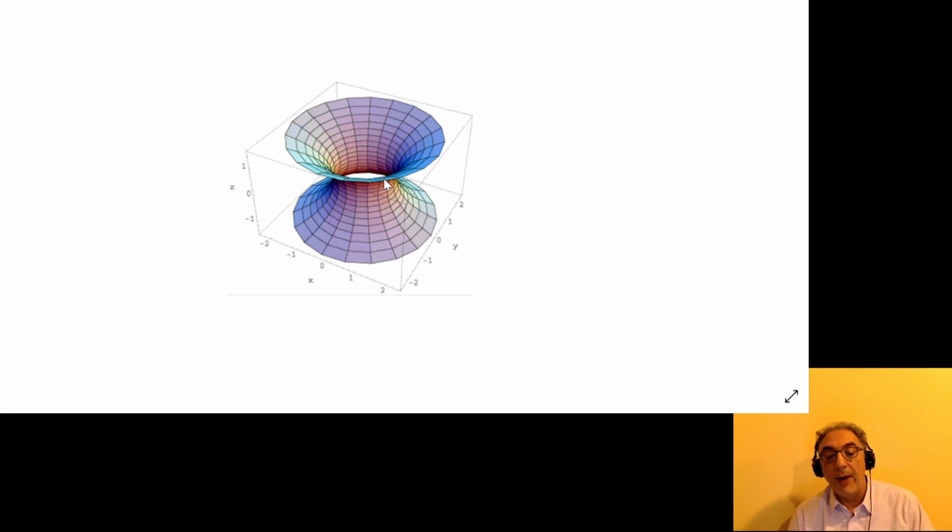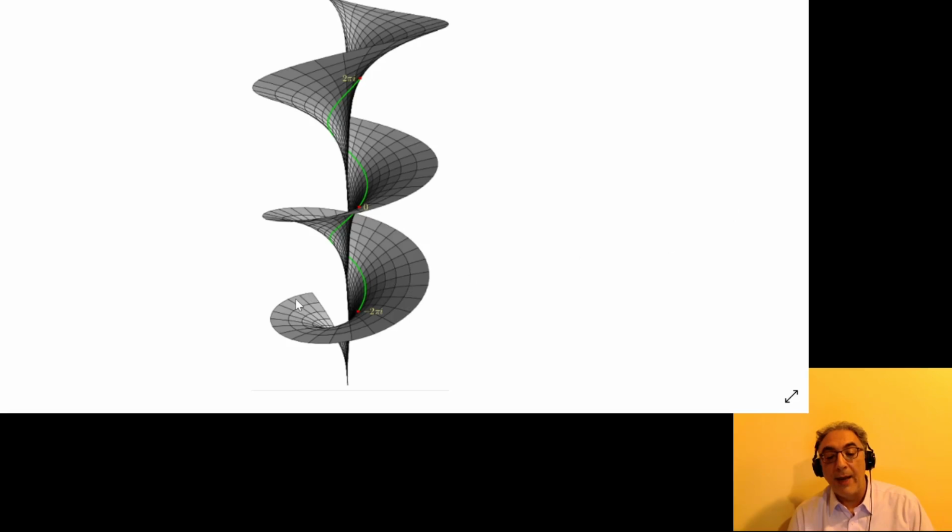It is multiply connected, in contrast with the helicoid, which is simply connected. Recall that the whole notion of a universal covering surface, the helix, is to unfold in a simply connected way the multiple connectivity of the circle.